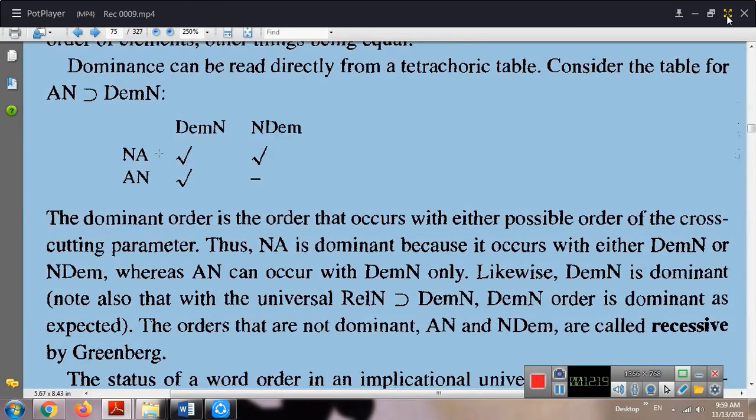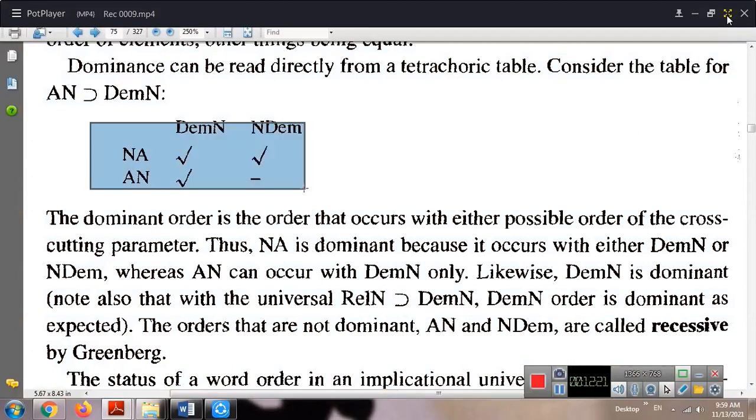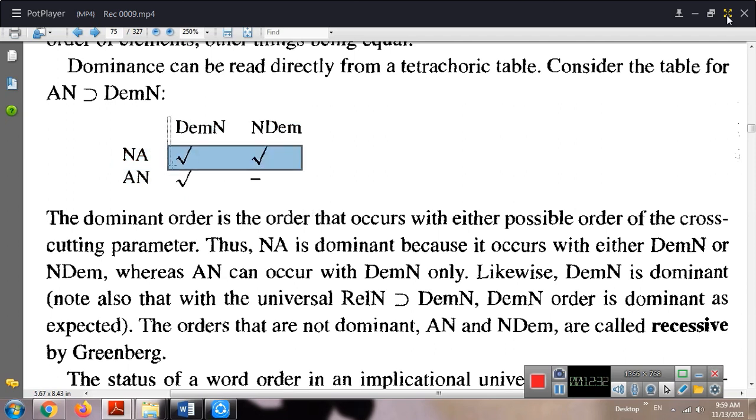Okay, based on this table, here noun adjective is dominant because it comes with both of these possible conditions. But here adjective noun is recessive because it just comes with demonstrative noun.